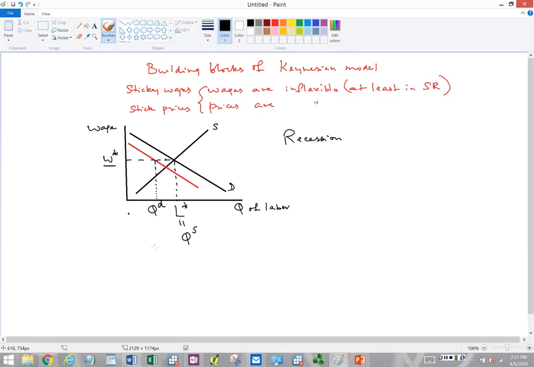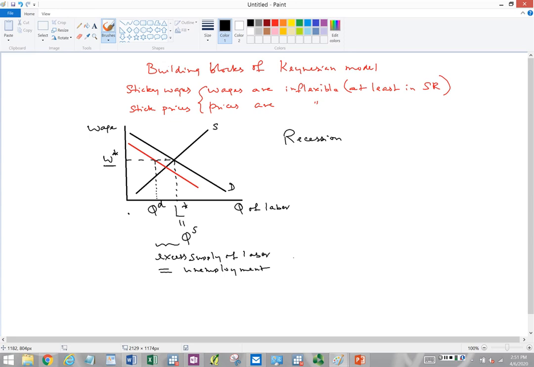And a gap emerges. So we now have an excess supply of labor, meaning unemployment. An unemployed worker is one who wishes to work but can't find a job. So that's the way sticky wages might explain the existence of cyclical unemployment.